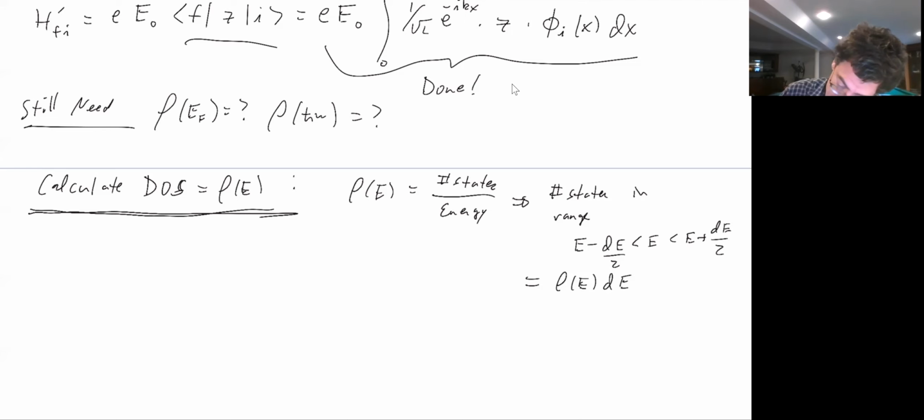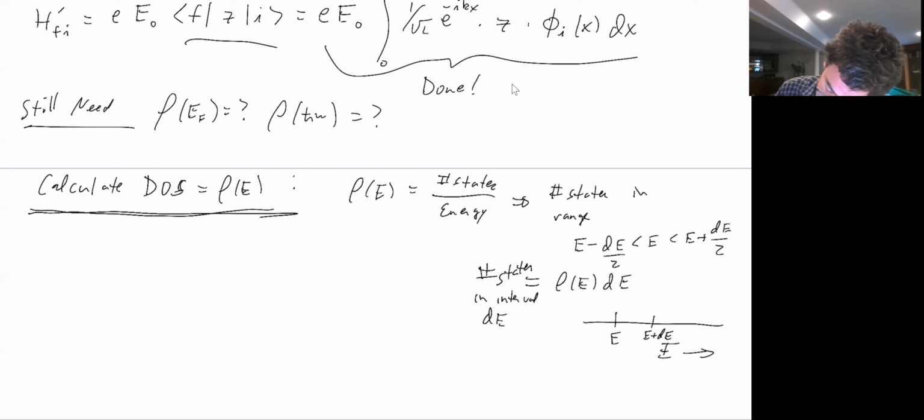So that's the number of states in that interval dE. I have some interval of energy, and I'm asking how many states are between E and basically E plus dE.